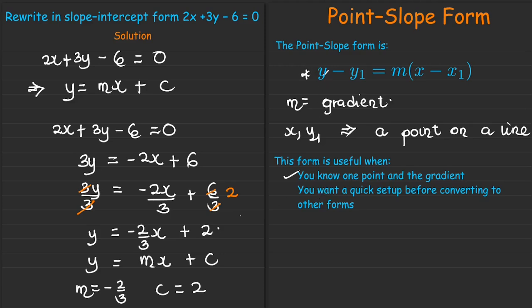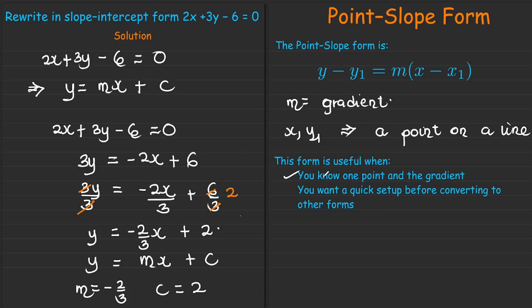Right from this form, you can change it into the slope-intercept form, and also to the standard form. Just by getting a point and a gradient, you can get a quick setup before converting to the other forms.